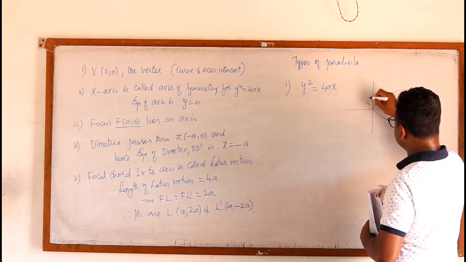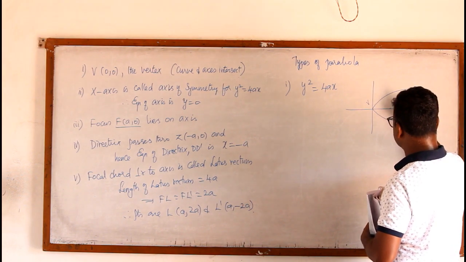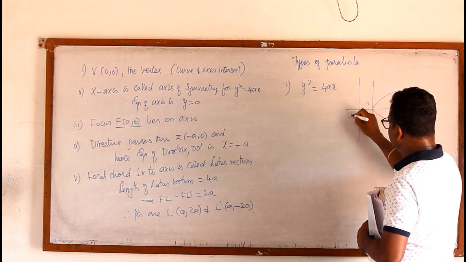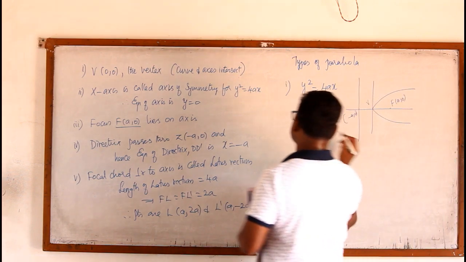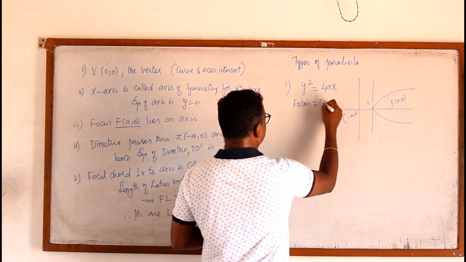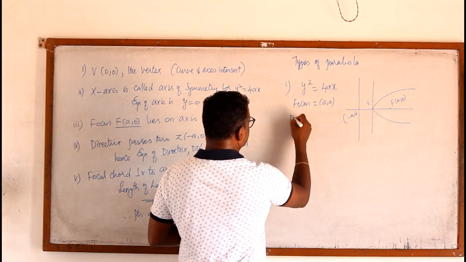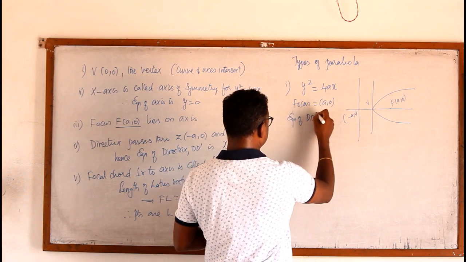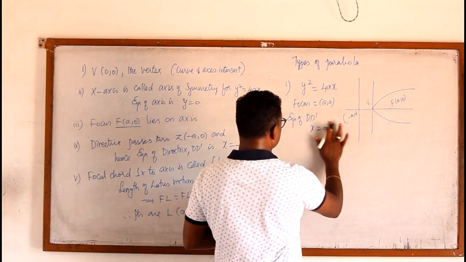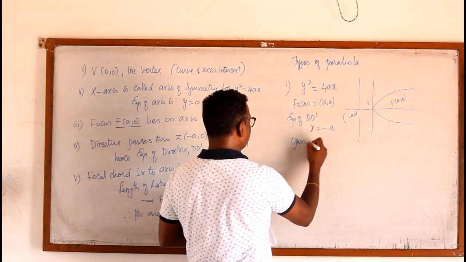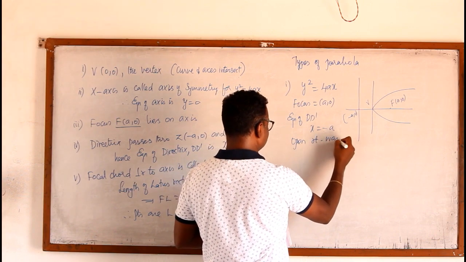This point is the vertex, this one is the focus (a, 0), and we have the directrix here. So we write only these three: focus is (a, 0) and the equation of the directrix is x equal to minus a. Now this curve opens rightward.